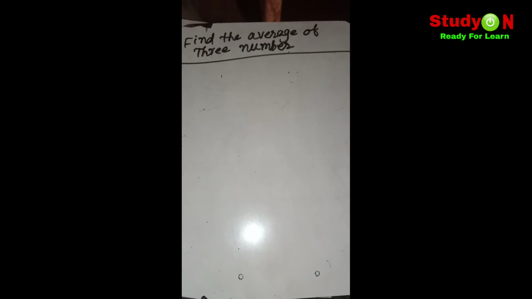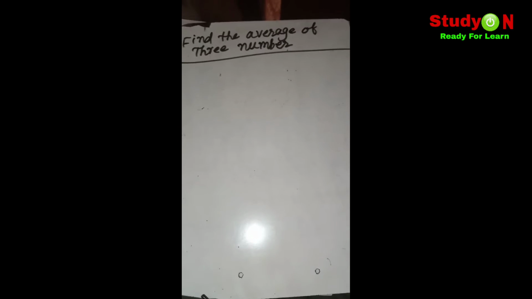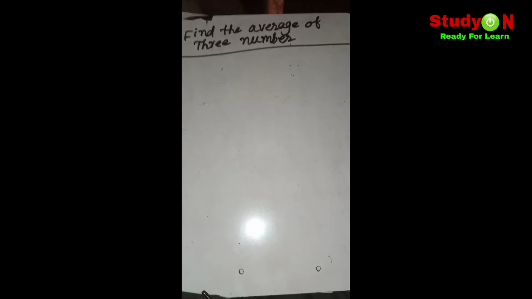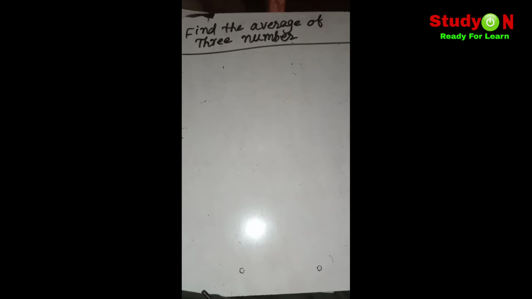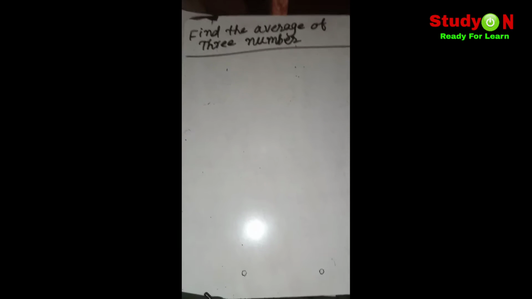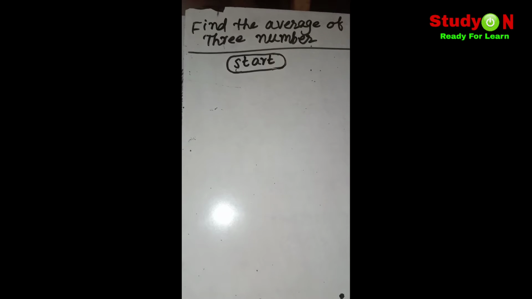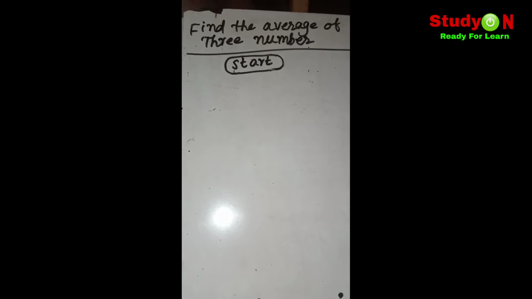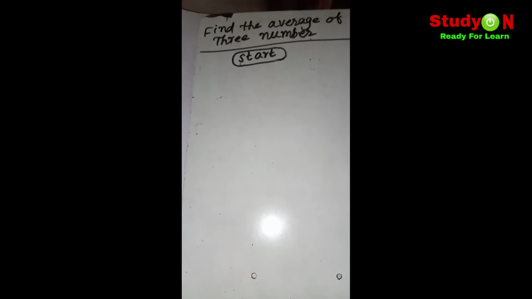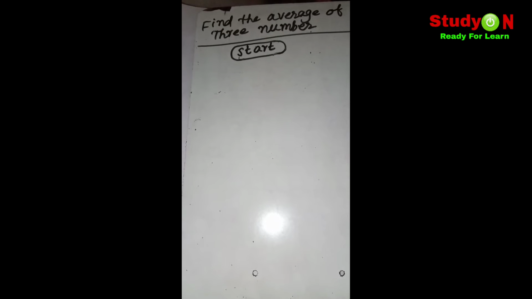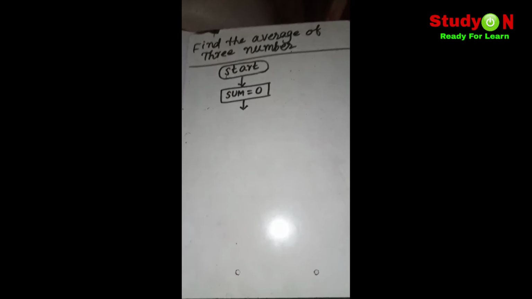Our problem is to find the average of three numbers. Firstly, we write start in an oblong symbol. Then we initialize sum equal to 0 in a rectangular box.